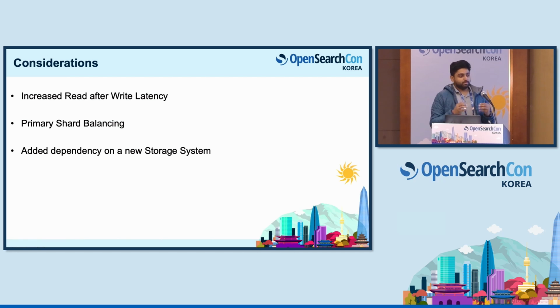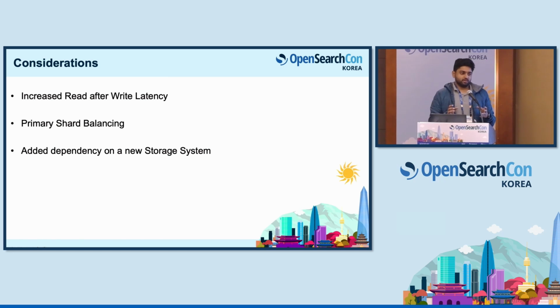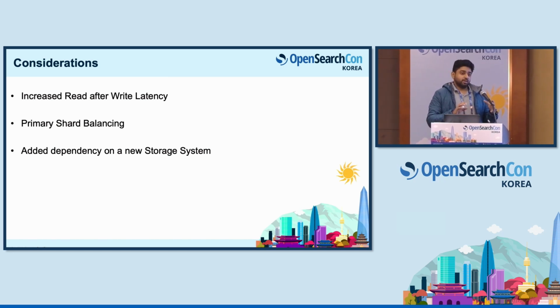So your balancing approach in OpenSearch needs to be aware that replicas won't be consuming that much resource compared to primaries. So I need to distribute primaries evenly across the nodes, right? Whereas in document replication, every shard copy, primary or replica, was the same for the balancing that OpenSearch did.